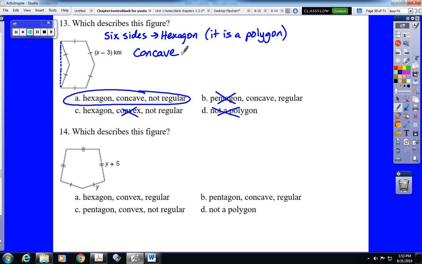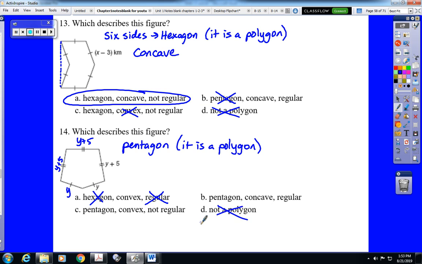Okay, number 14 shows a pentagon, has 5 sides, which means it is a polygon. It is not equilateral. We have two different side lengths, y and y plus 5. So it is not regular. It's also not a hexagon.